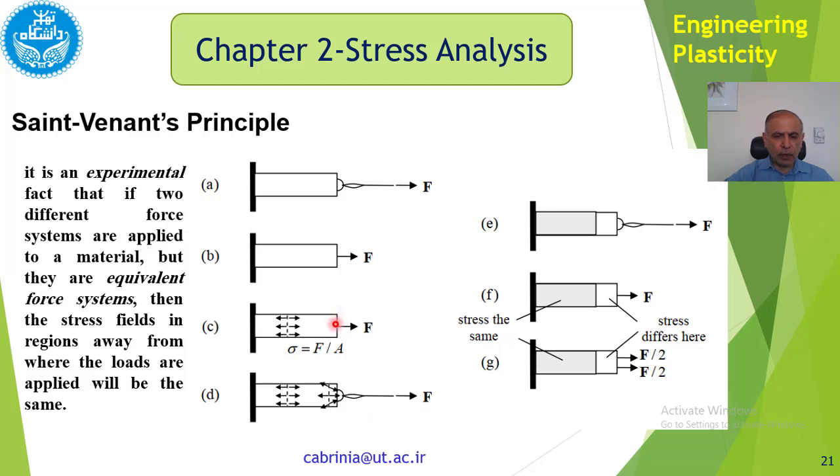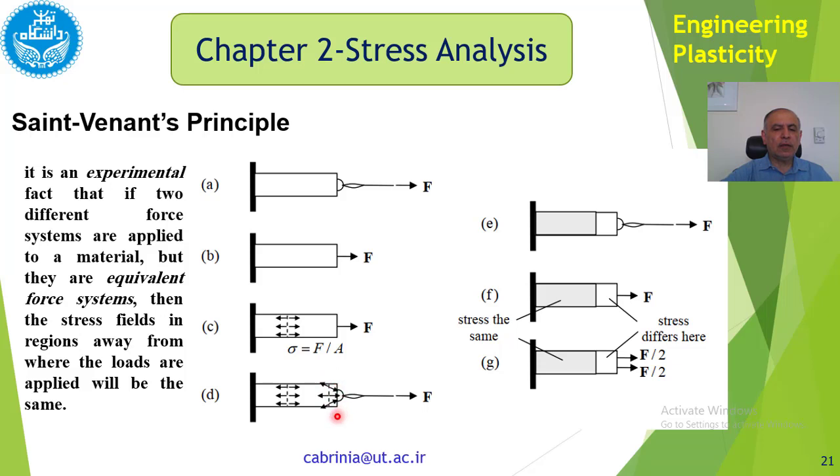However, if you look at this place, very near where the force is applied, the real situation is like this, not like that. The forces are distributed like this. In fact, they are not uniform. So the distribution of stress near the point of application of the force is a bit complicated, sometimes very complicated.